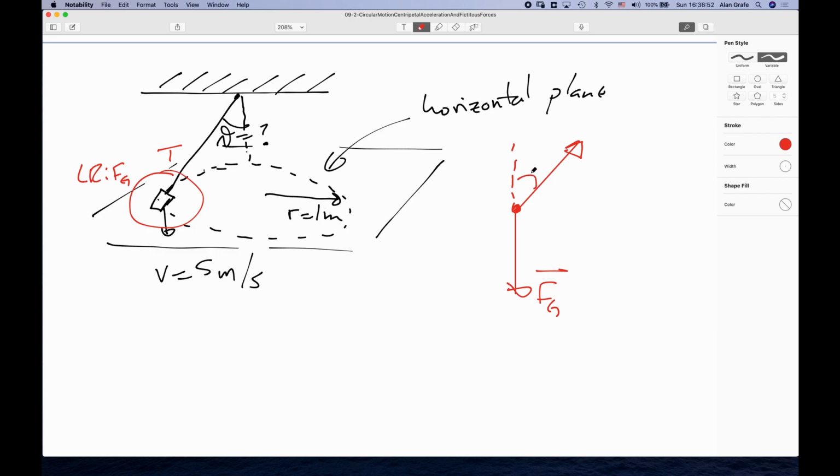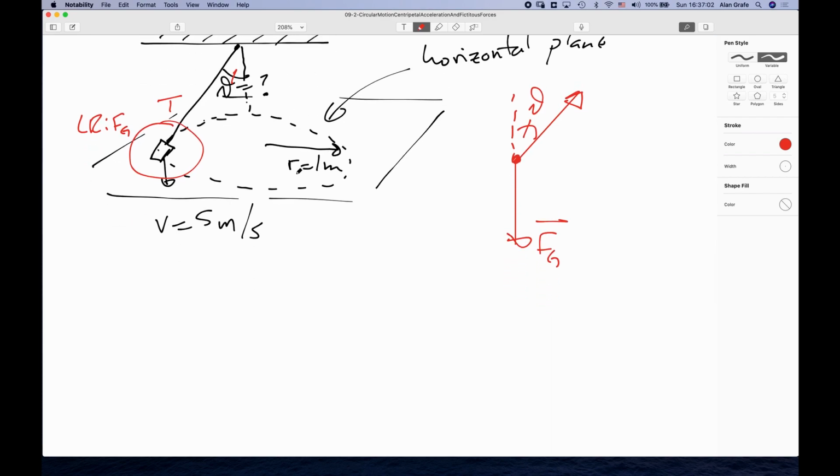And you can do a little bit of geometry to show that this angle is that angle theta right there. So this is the tension, the force due to tension in the string.